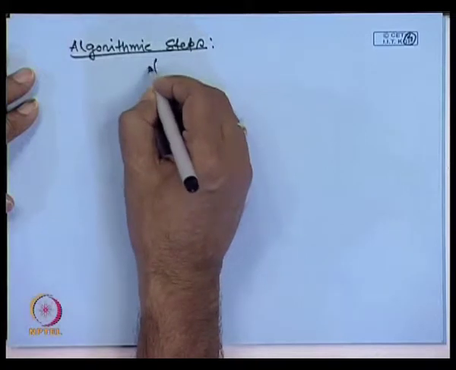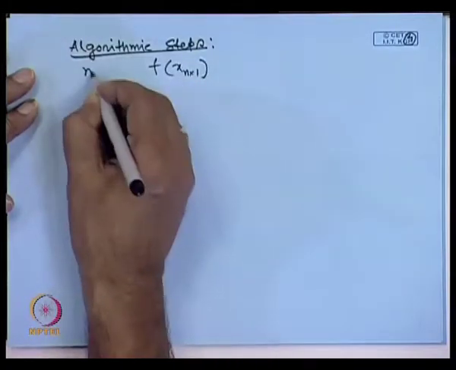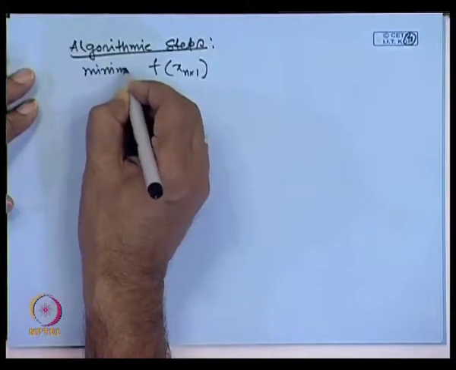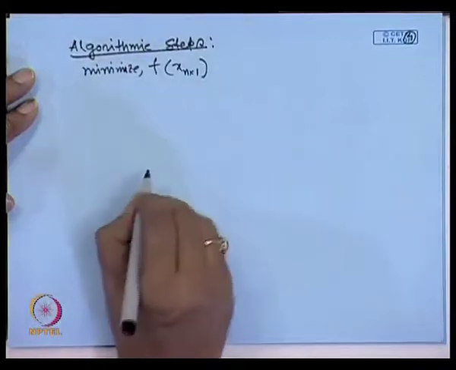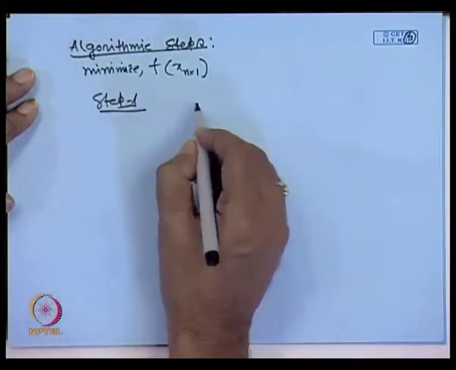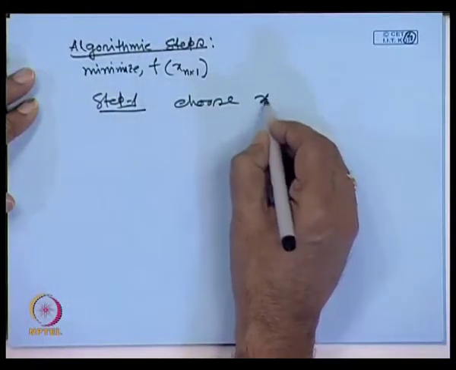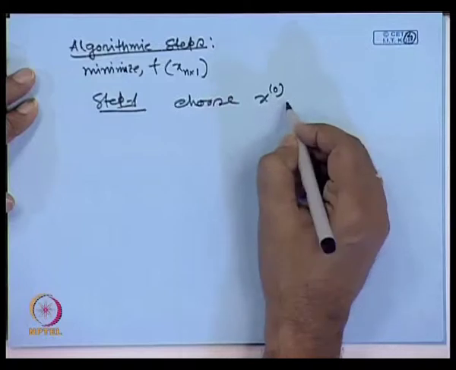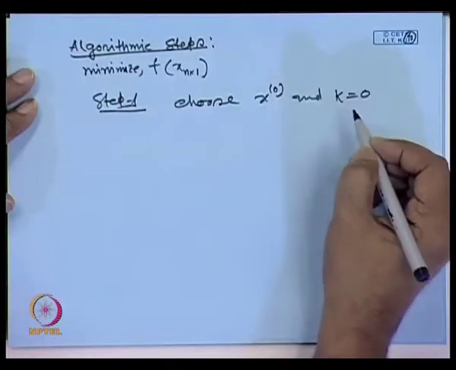Our problem, if you recollect, is to minimize f of x. So, our first step: choose the initial guess x of 0 and let our iteration start at the 0th iteration, k equal to 0.